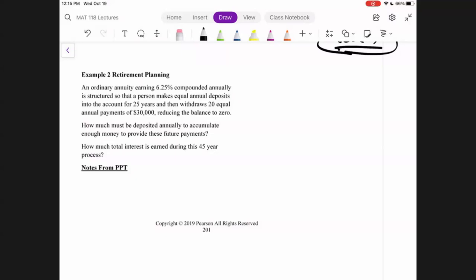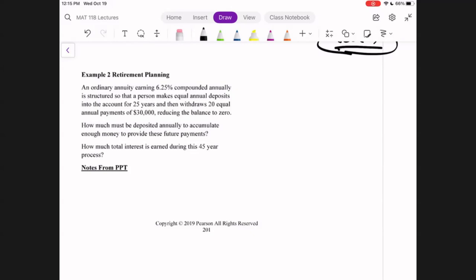So I'm putting money in the same amount for 25 years, and then I'm going to withdraw 20 equal annual payments of $30,000 to arrive at a balance of 0. Okay, so it's asking you how much should you be depositing annually to accumulate enough money to provide. So this is sometimes a confusing question.